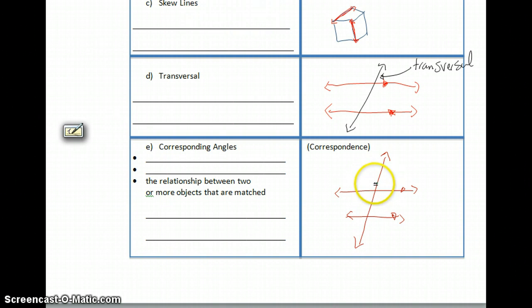So for example, this angle right here, if we smash these 2 lines together, the angle that it would line up with would be this one. So we know that these 2 angles are going to be equal. We also know from the last lesson that these are vertical angles. So this angle and this angle are also going to be equal. Notice it's just 1 line on these.